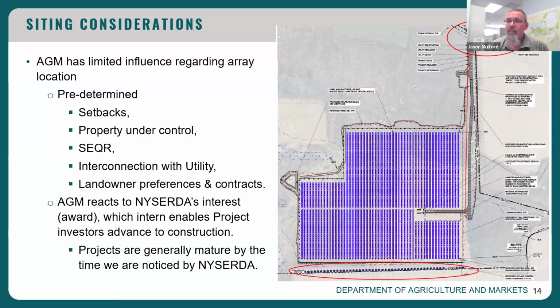By the time we get it, there's already setbacks considered, and there's limitations on what property that developer has in control, regardless of how many properties the farmer may have. Obviously, SEQR is underway, and some of these projects already have approvals by the time we get them. Interconnection with the utility is already secured, and the landowner, of course, has preferences on where to build these facilities.